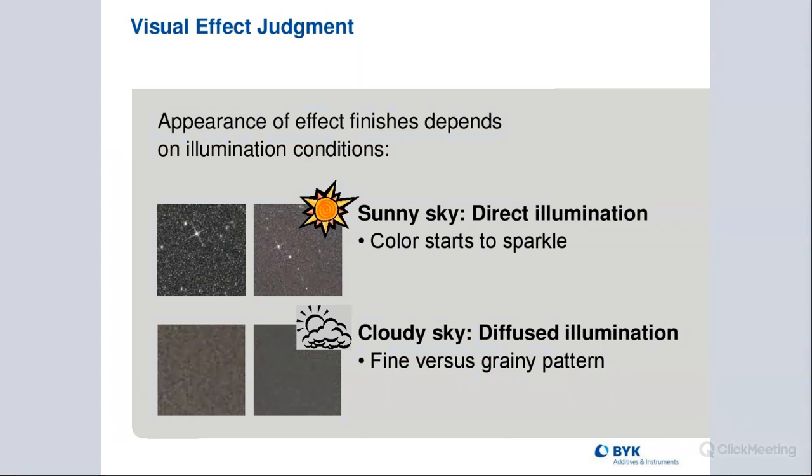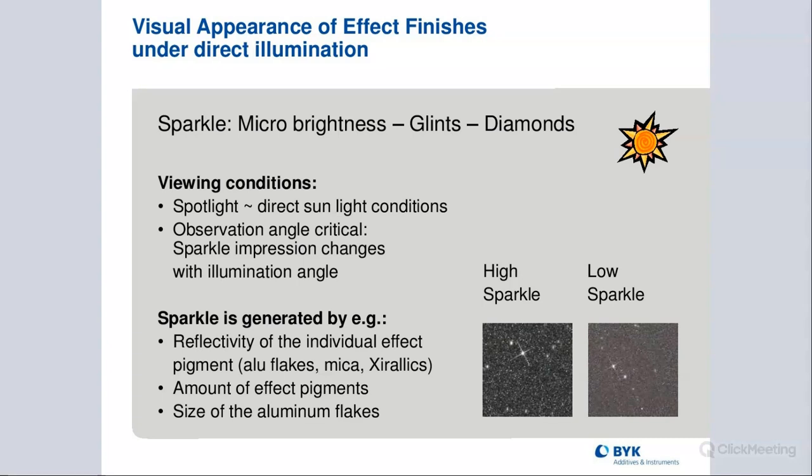Just to review, the direct illumination is going to give us that sparkle. It's going to activate that metallic flake or that effect pigment. And then diffuse illumination is going to give us that graininess pattern, or simulated cloudy sky type of situation. The sparkle characterization is viewed in direct illumination, so the angle of observation is critical.